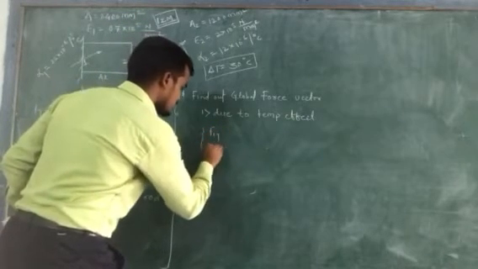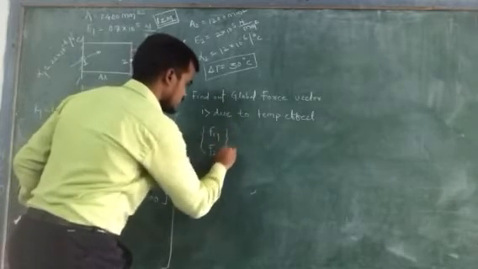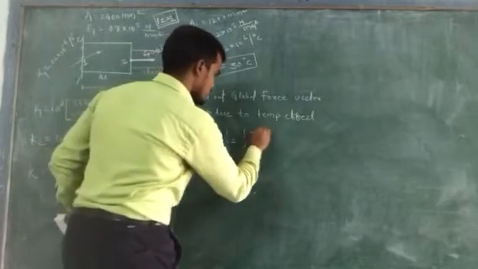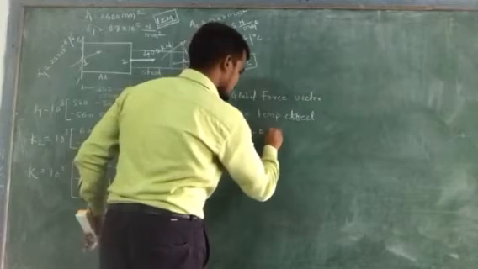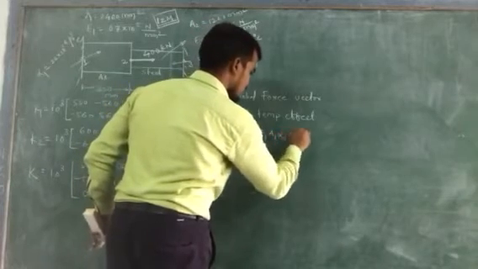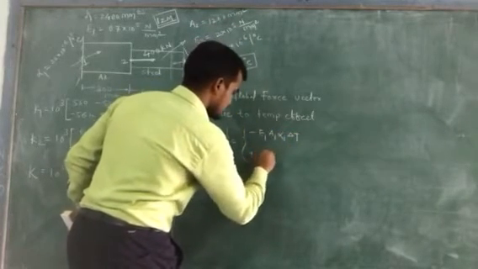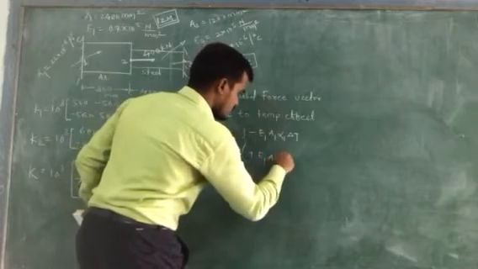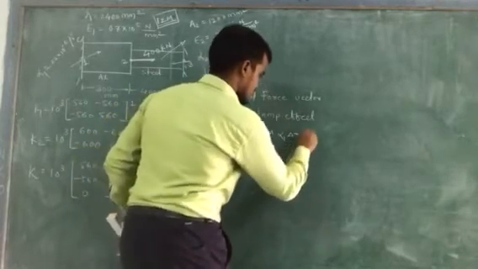For first element this will become F1t, F2t. It will become equal to minus E1 A1 alpha 1 delta t plus E1 A1 alpha 1 delta t.